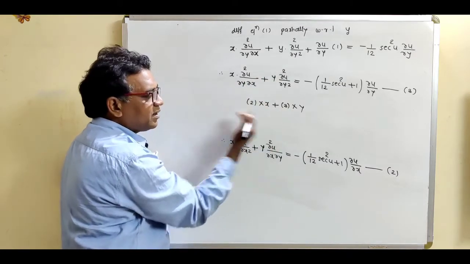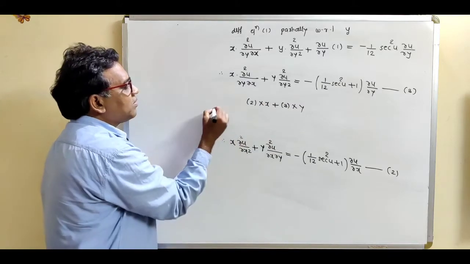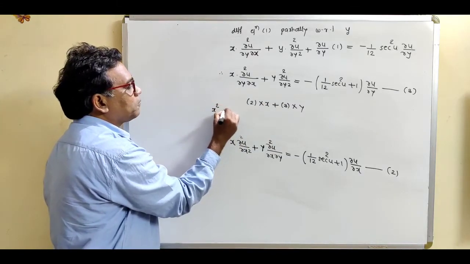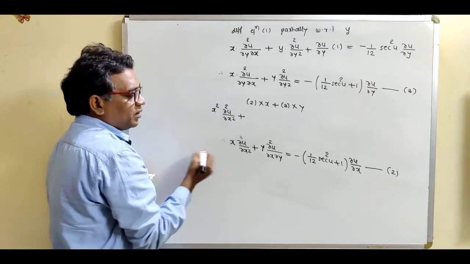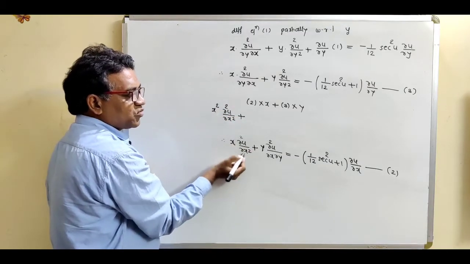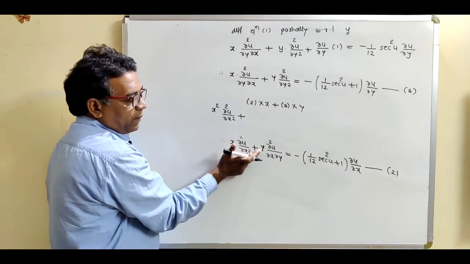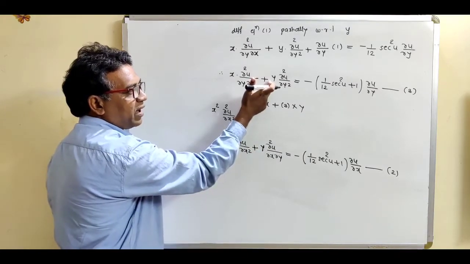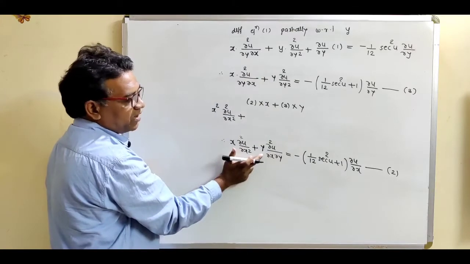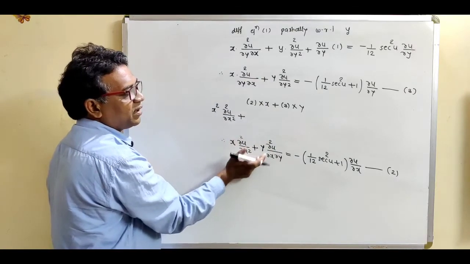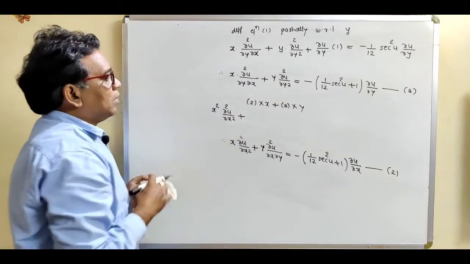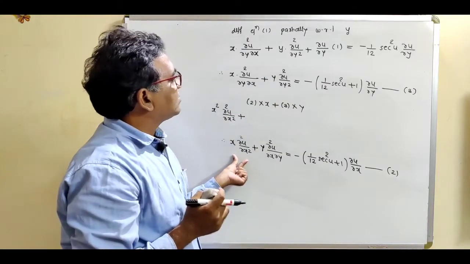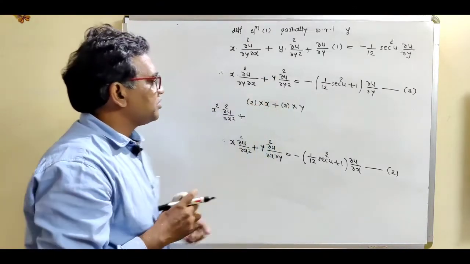We can directly write this left hand side. So this is the required term, x square del square u by del x square. Just multiplying by x means this is x square. Multiply equation 2 by x, so this is xy, and multiply the third equation by y.